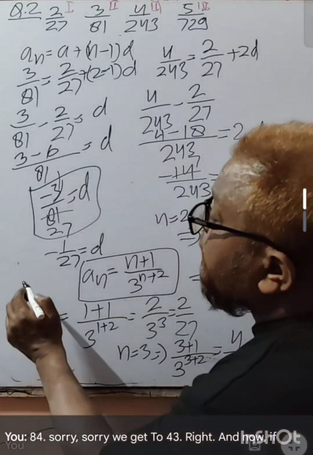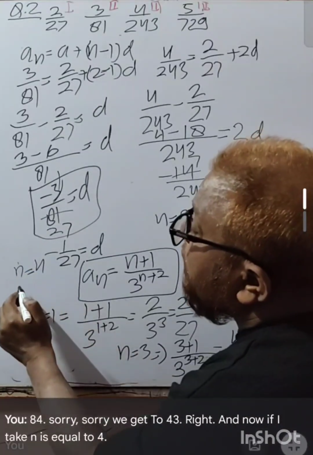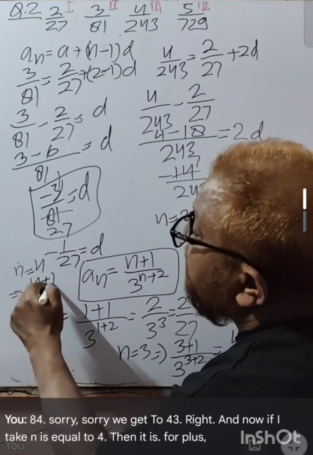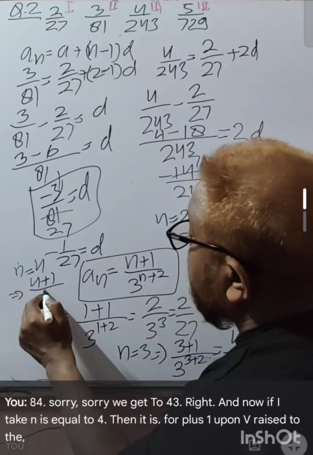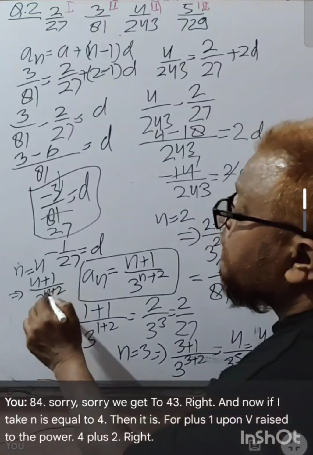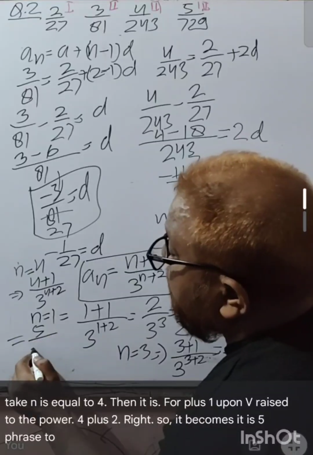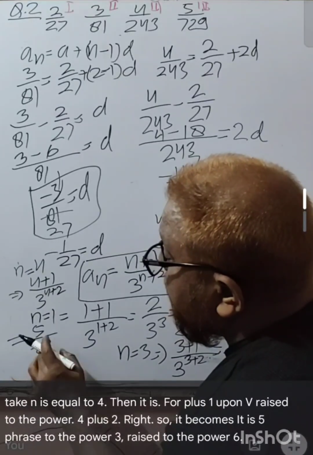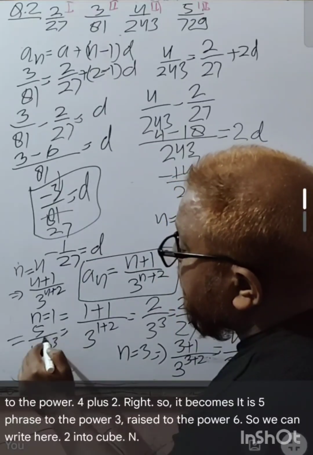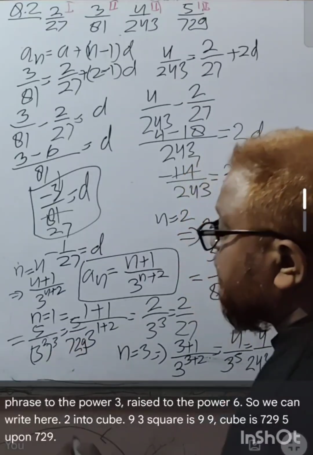And now if I take n is equal to 4, then it is 4 plus 1 upon 3 raised to the power 4 plus 2. So it becomes 5 upon 3 raised to the power 6. 3 squared is 9, 9 cubed is 729, so 5 upon 729, right?